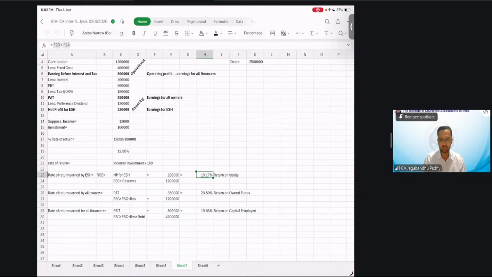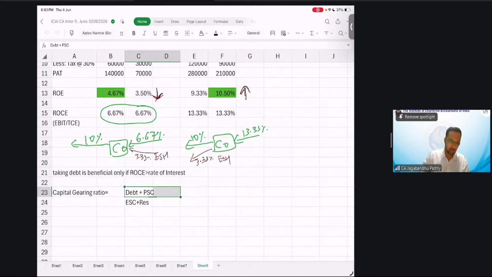So that will give superior returns to the equity shareholders. So we did also the capital gearing ratio in the subsequent part, right? So capital gearing ratio, which is debt plus preference share capital upon equity share capital plus reserves. Okay. So that was the set of ratios which we have looked at till the previous class.